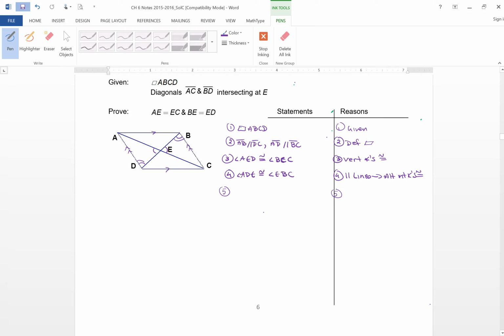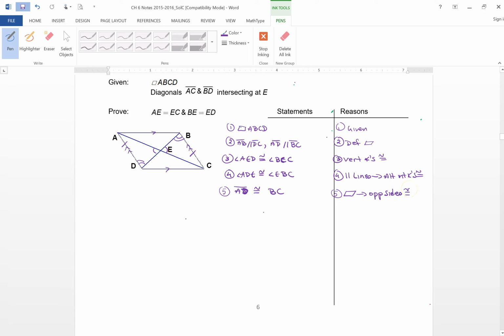Now, we can also prove that these are congruent, right? The opposite sides are congruent. So AD congruent to BC. Parallelogram implies opposite sides congruent.